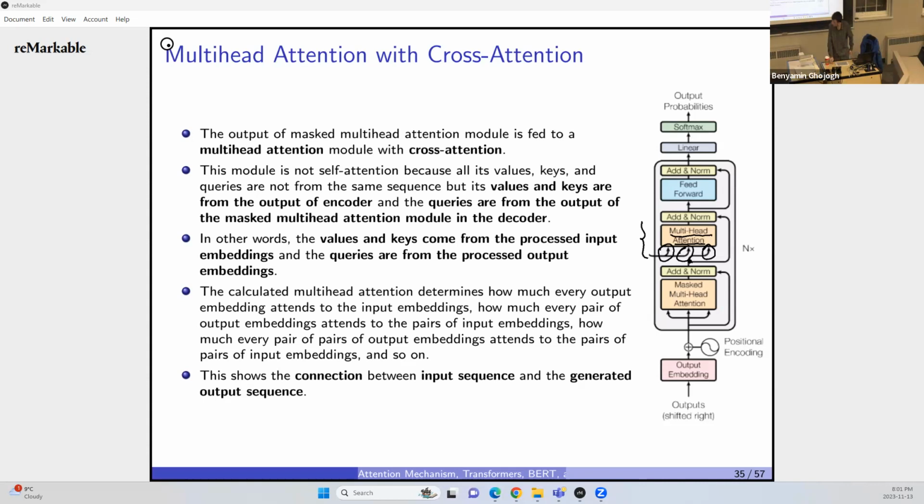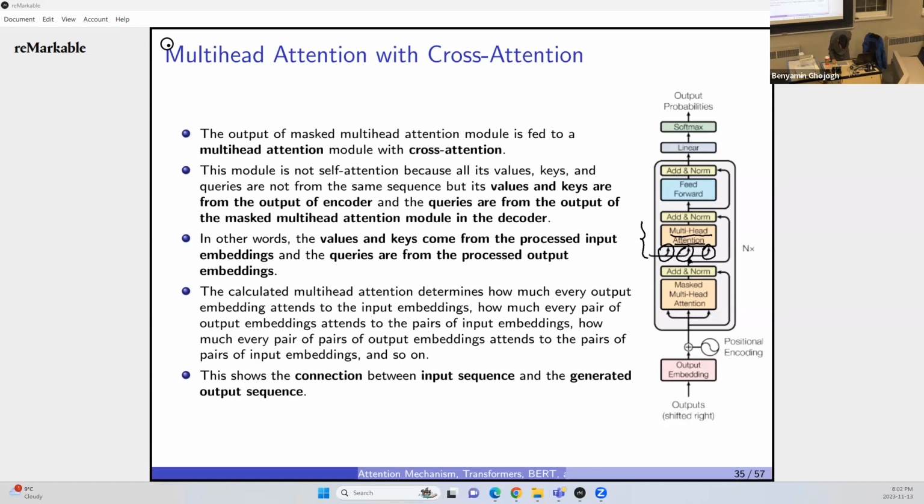But this is cross-attention, right? So far clear? Basically, it says how much every word in my output sequence attends to every word in my input sequence, because query and key are coming from the output of the encoder. Agreed? It's interesting.